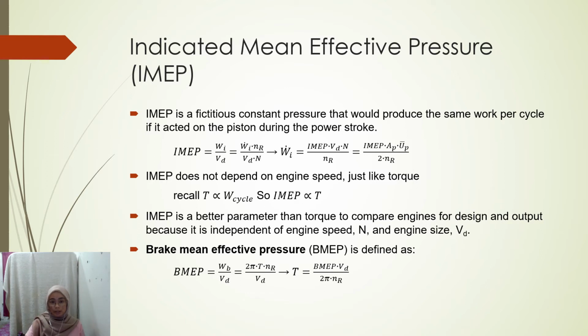IMEP is equal to the indicated work over engine size, which is also equal to the indicated power times the number of crank revolutions per cycle over the engine size times the engine speed, in which the engine power is equal to IMEP times the engine size times the engine speed over the number of crank revolutions per cycle, which is also equal to IMEP times the cross-sectional area of a cylinder times the average piston velocity over 2 times the number of crank revolutions per cycle.